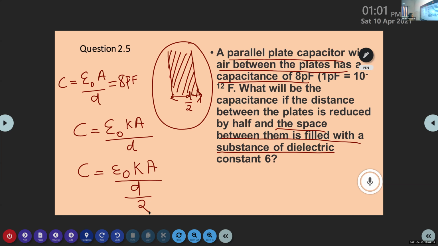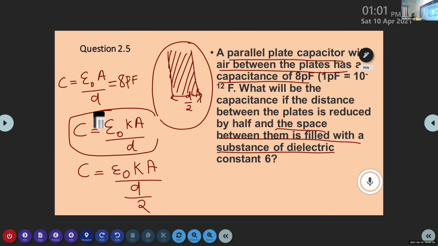Actually, the equation for a parallel plate capacitor filled with a dielectric is C is equal to epsilon 0 K A by D. But here in this question, the distance is reduced by half, so the equation changes into C is equal to epsilon 0 K A divided by D by 2.